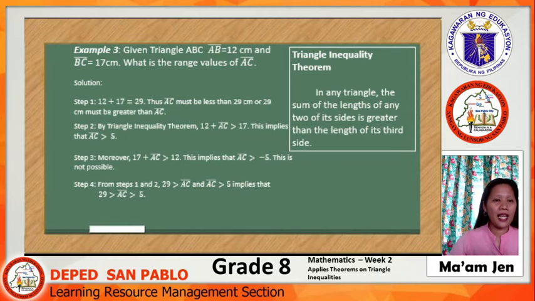It implies that segment AC is less than 29 but greater than 5. We can also write that as segment AC is greater than 5 but less than 29.